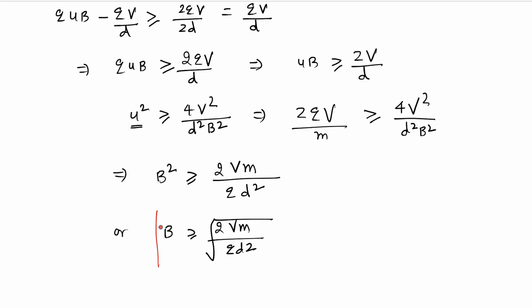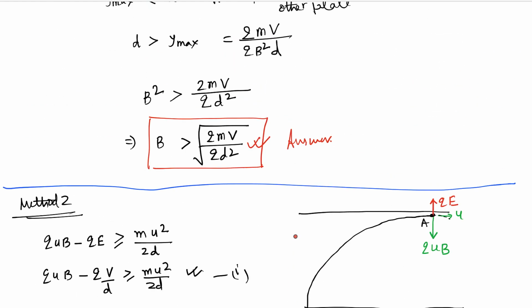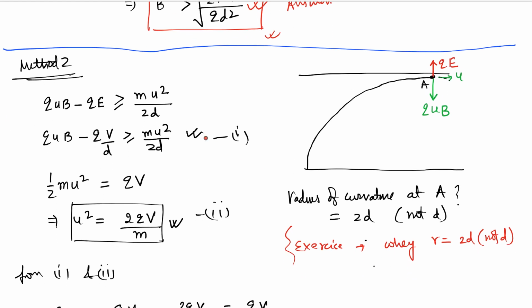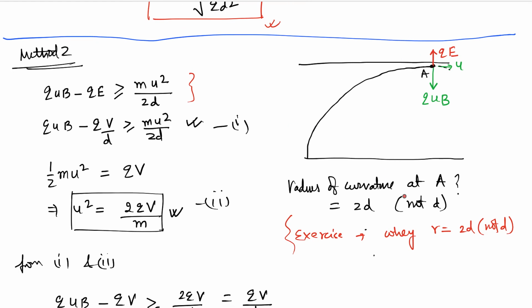So we get the same expression for B again, right? It should be the square root of 2Vm by q d square at least, right? So this one is a lot simpler, but you need to think through these things. At this point you need to balance all the forces. You need to think about the radius of curvature, which is 2d, not d. Think about it and let me know.